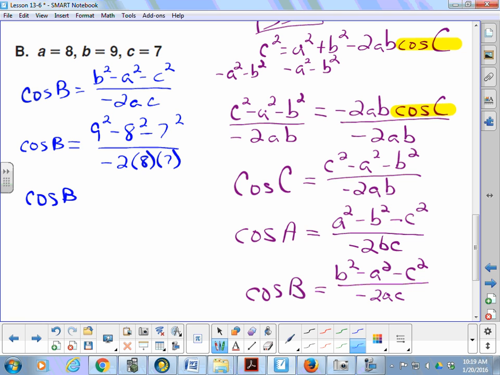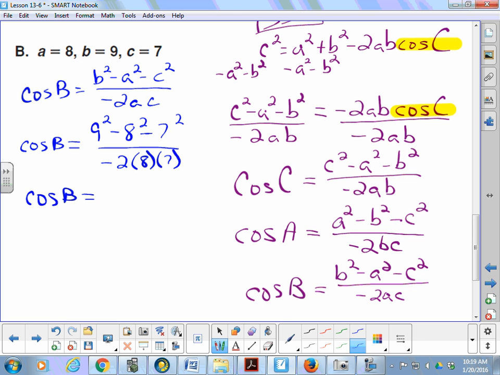What I think would be the easiest for you to do is just find these two numbers, and then we can do the inverse cosine of the fraction instead of it being a decimal where you might be rounding.